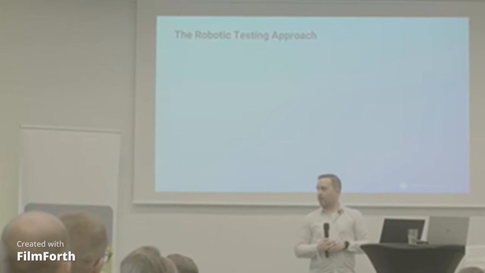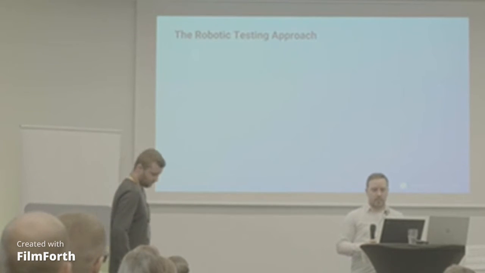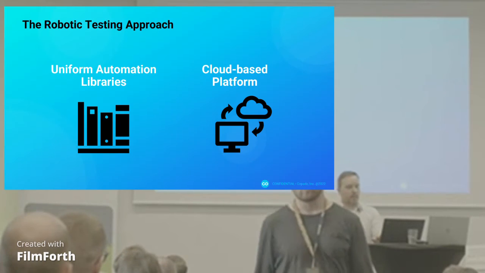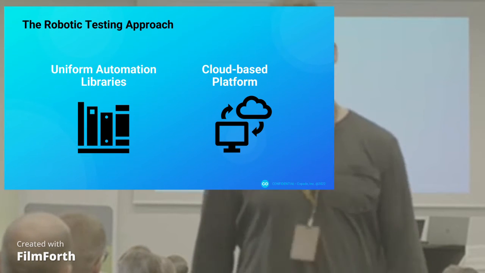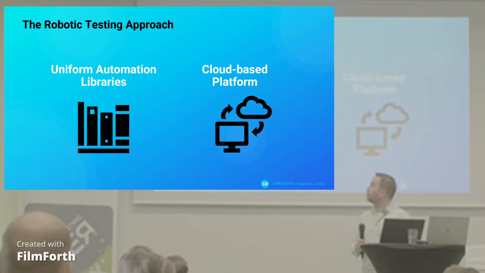So this is the method for that. So how to enable people for doing mobile test automation. And the idea contains basically two ideas. So uniform automation libraries and also a cloud-based platform.